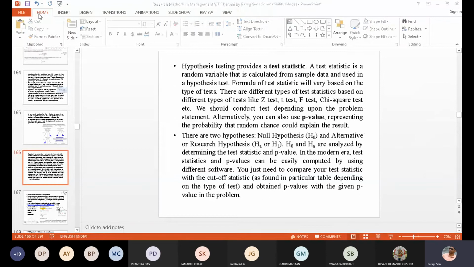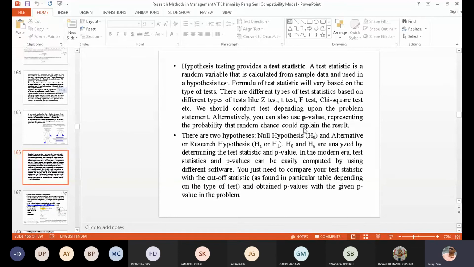There are different types of test statistics based on different types of tests like Z test, T test, F test, chi-square test, etc. So we should conduct tests depending upon the problem statement. Alternatively, you can also use the p-value, representing the probability that random chance could explain the result.